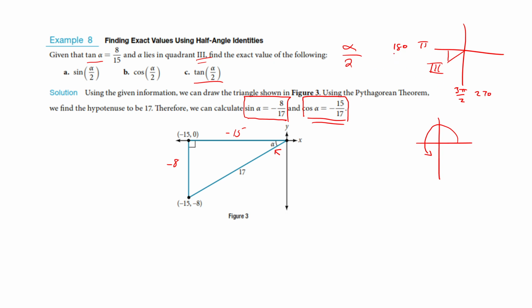So let's divide both of these by 2. The angle we're interested in is somewhere between 90, half of 180, and 135. So somewhere between 90 and 135, it's somewhere in here.